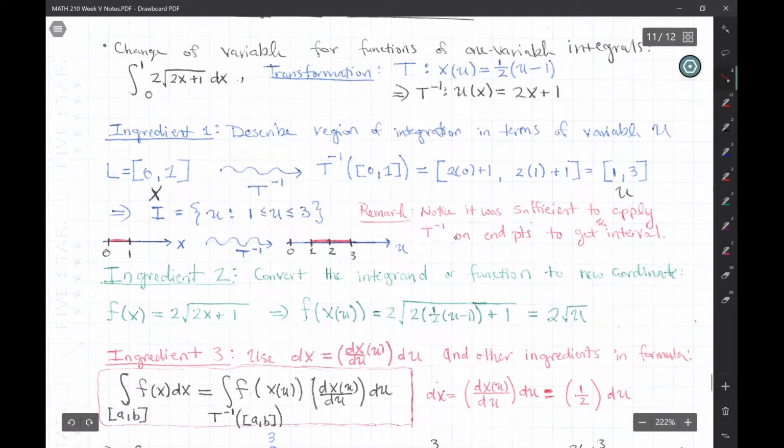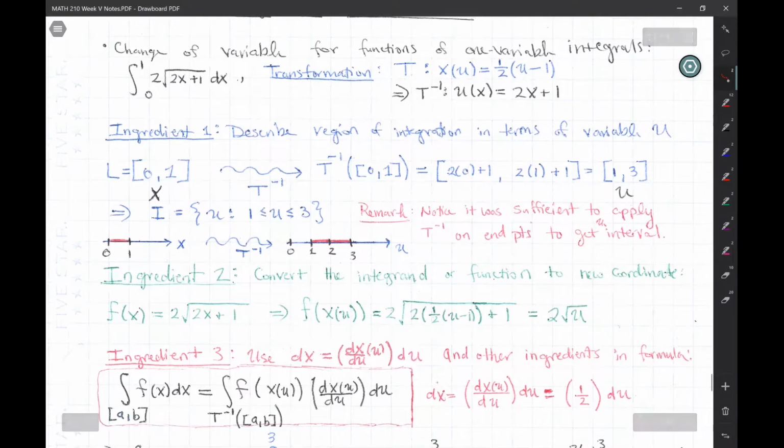And here I just make a remark that it's oftentimes sufficient to just look at the endpoints to see what the inverse transformation does to the interval. So we have then our new region of integration, if you will. Originally it was 0 to 1, and now it is 1 to 3. That's our new region in terms of u.